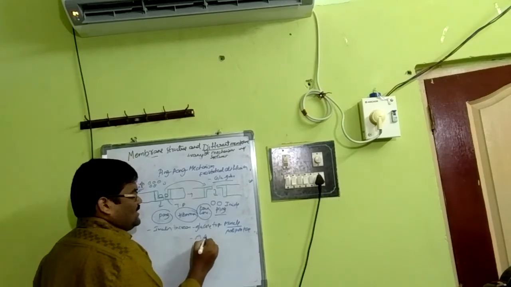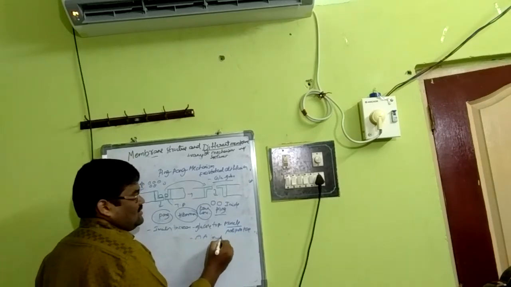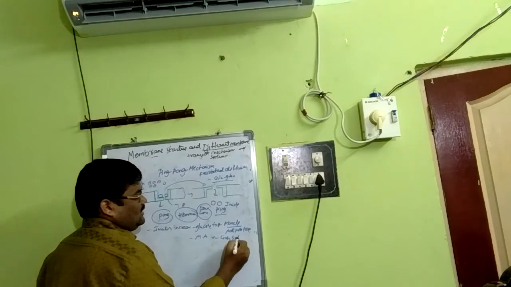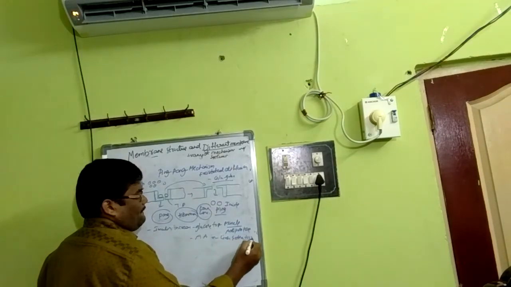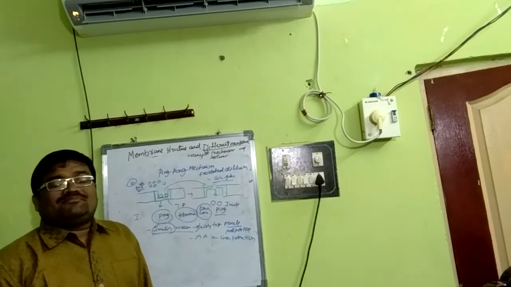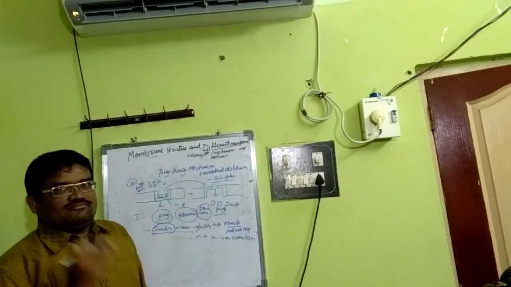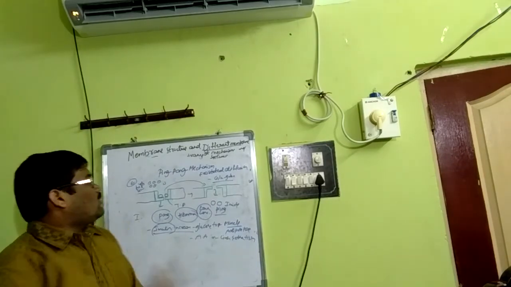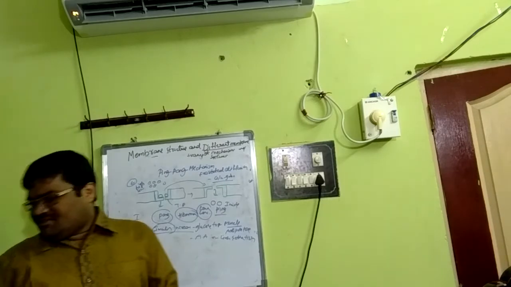Then amino acids in case of liver and other tissues. Here insulin is increasing the transport, stimulating the facilitated diffusion. Okay, that's about the ping-pong mechanism of facilitated diffusion.